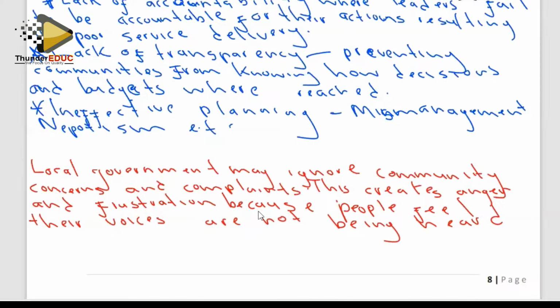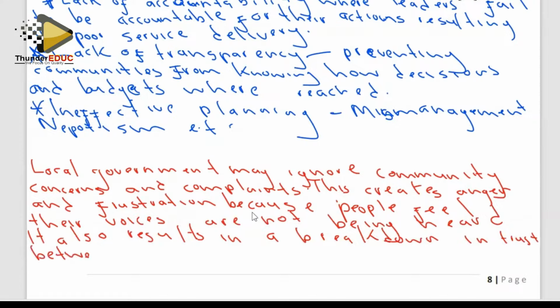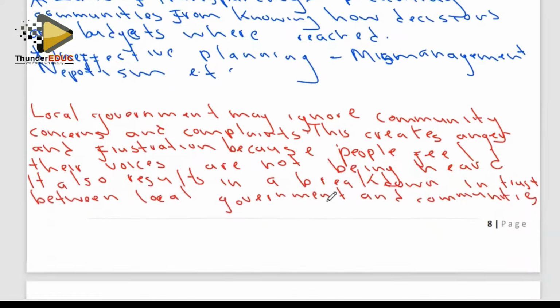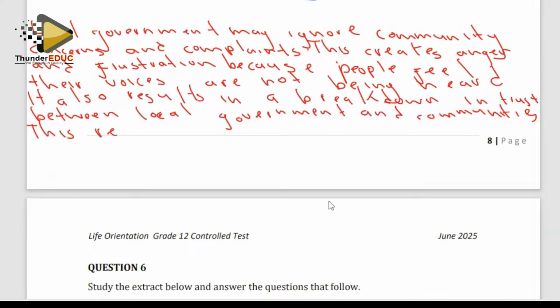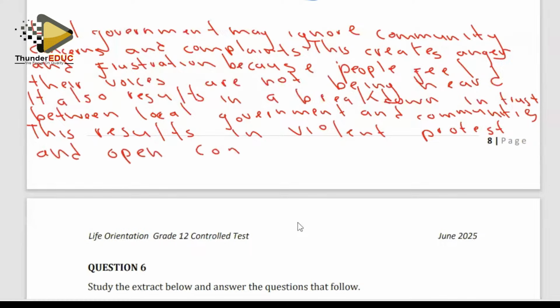It also leads to a breakdown in trust between local government and communities. This results in violent protests and open conflict. So this would result in violent protest and open conflict.